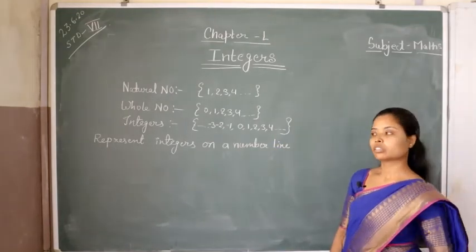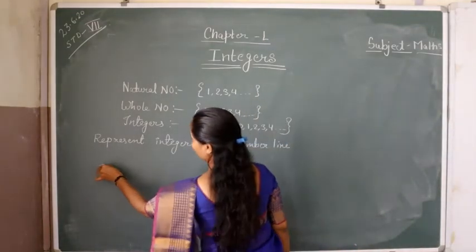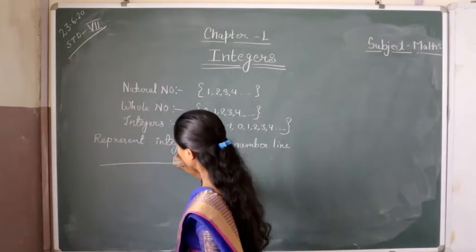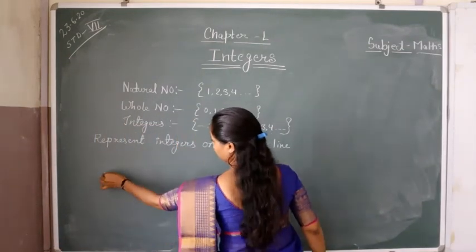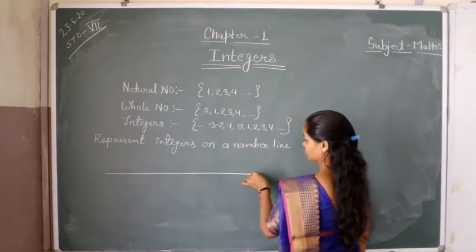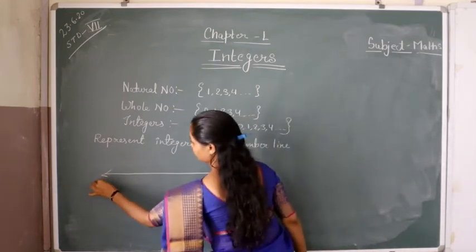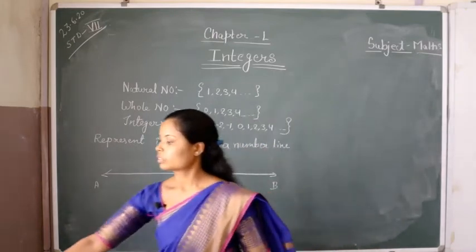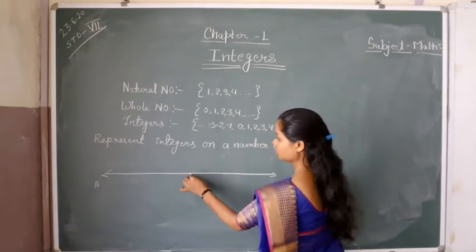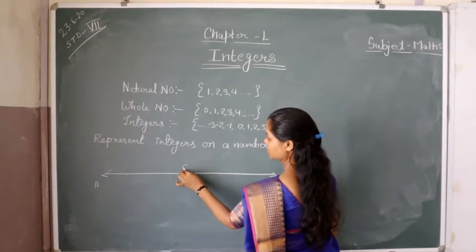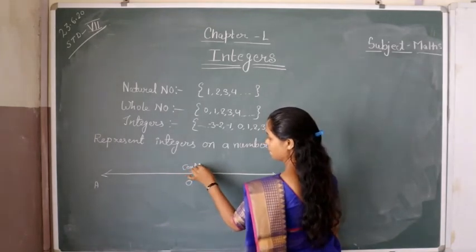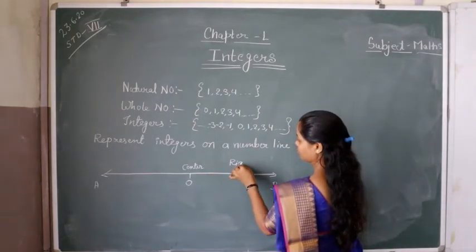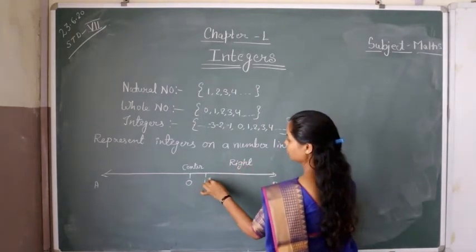For this, firstly we will draw a line AB. Here 0 is its center. On its right side we take all the positive integers.